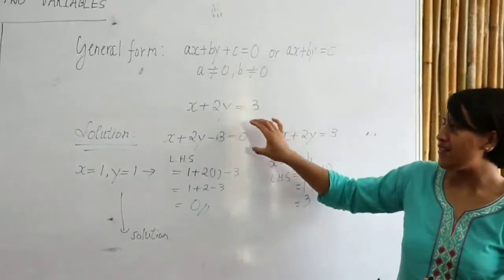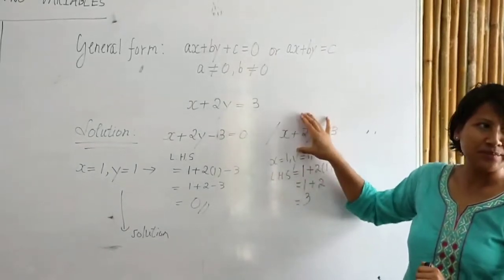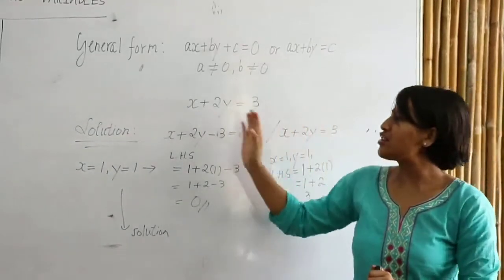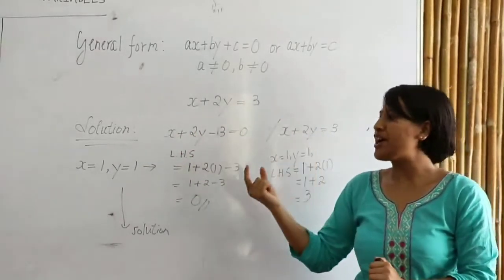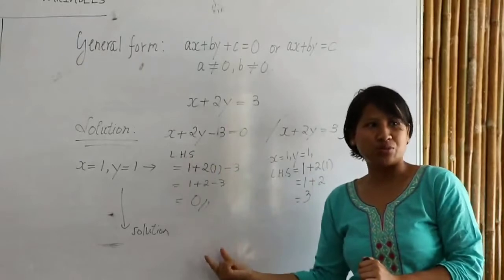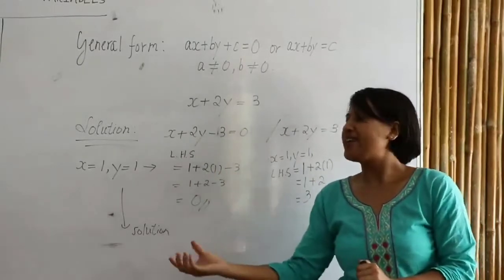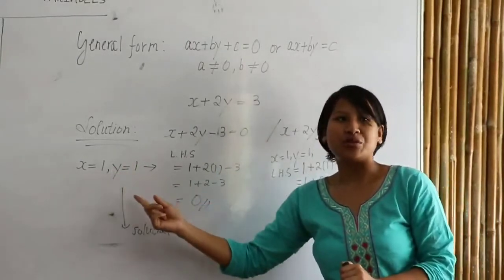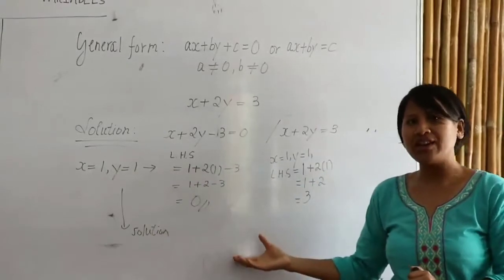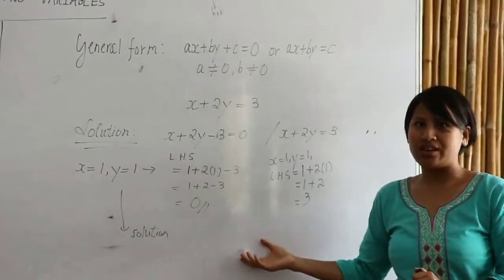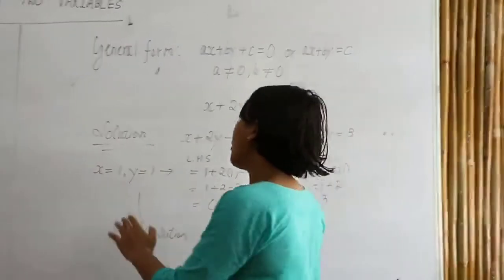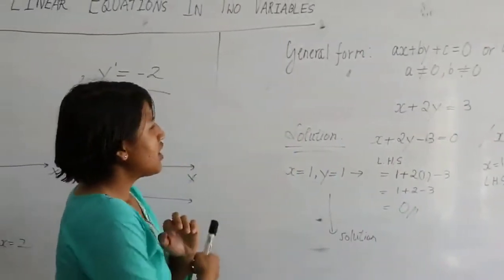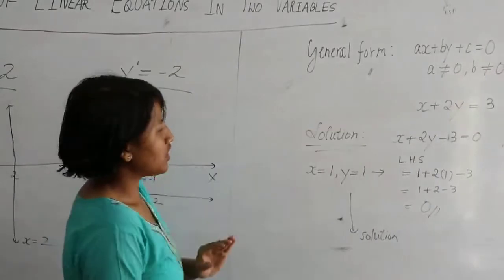So eventually this equation is the same, it's just that we have carried the constant to the other side. But you need to check that the left hand side is equal to the right hand side, so that the particular value of x and y is a solution of the given equation. So this is one solution of this equation.